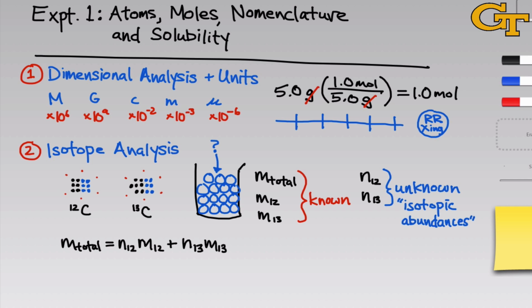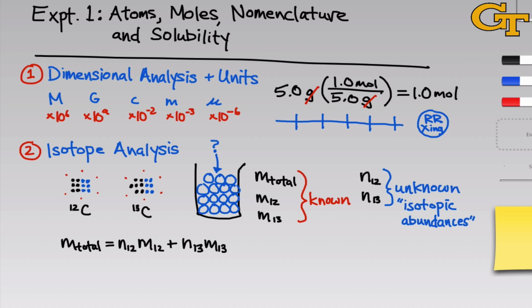The first term you see here, N12 times M12, that's the mass contributed by the N12 atoms of carbon-12. And the second term is just the mass contributed to the total by the carbon-13 atoms, N13 times M13. The sum of those two terms must add up to the total mass of the sample of carbon.